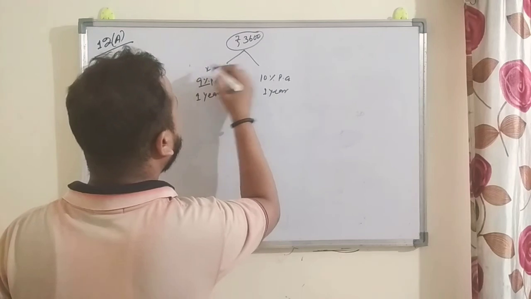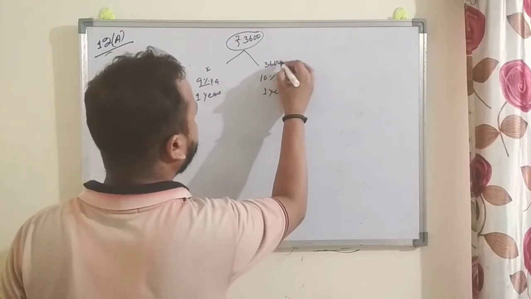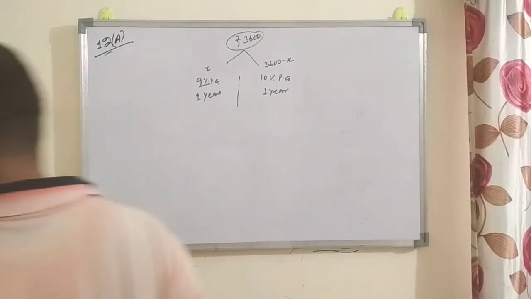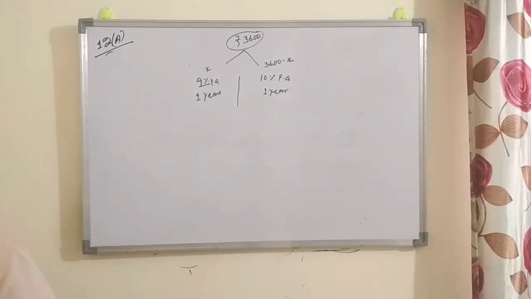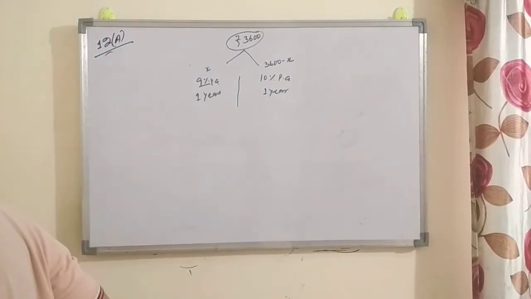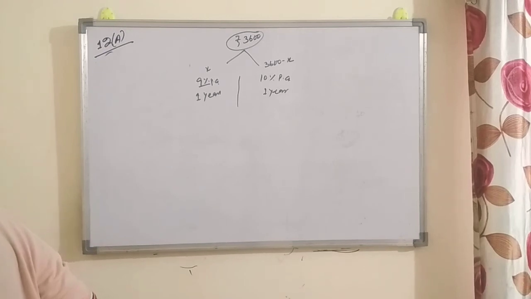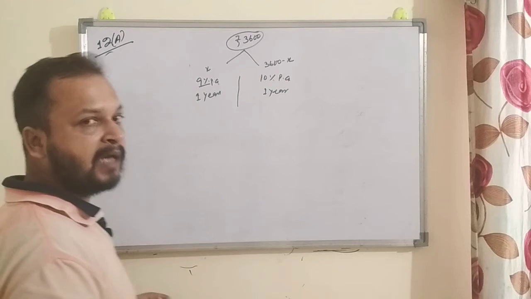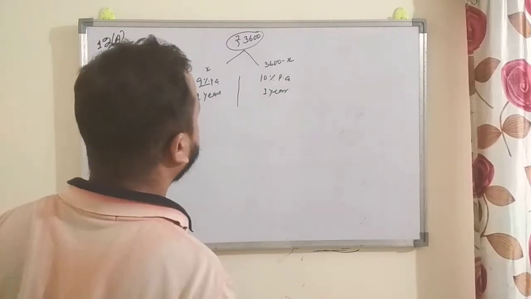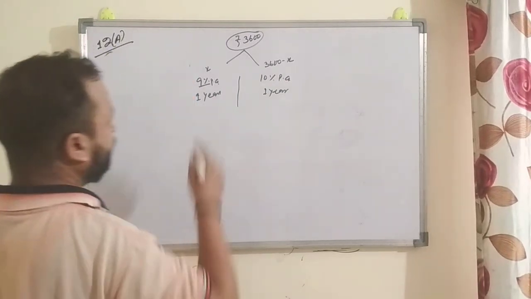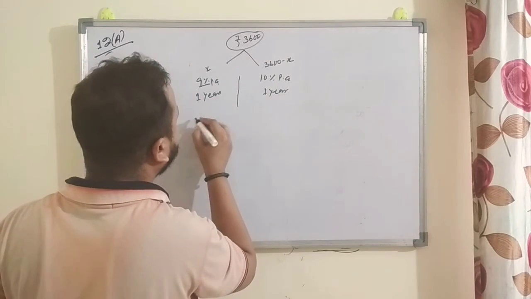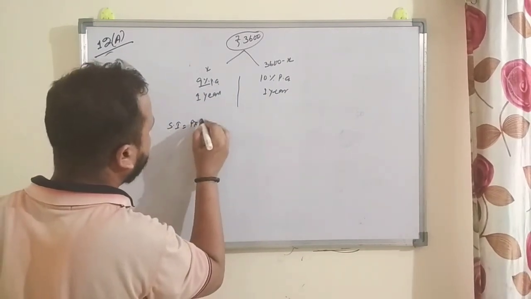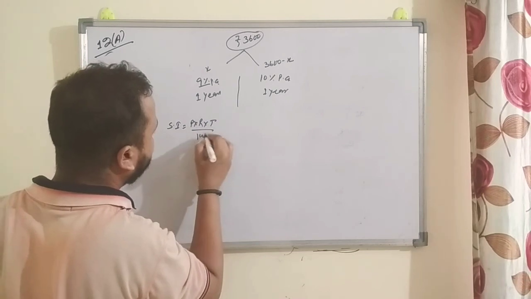So suppose this part is x, so this part is 3600 minus x. Do the same way. So annual income is 333, so it means you have to add them. Now apply the simple interest formula, that is P into R into T by 100.